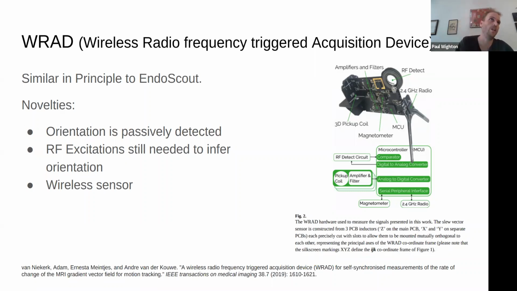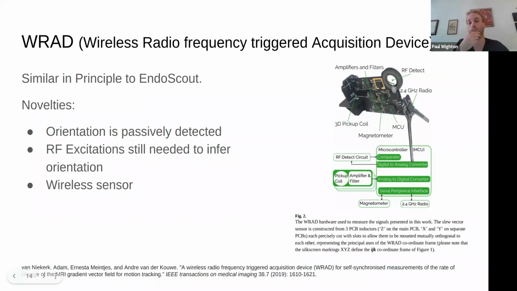But to find location, you're back to the same problem. You need some sort of excitation. I think he played around with both gradient and RF excitations. I think this one might be an RF excitation. Yeah, RF detector. So there's still some RF waveform that's played, and then a quick k-space trajectory to infer that location.